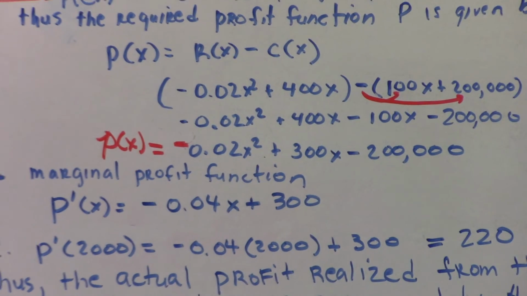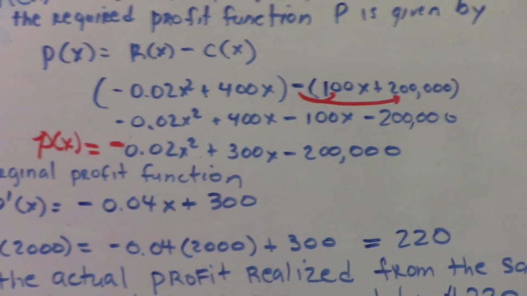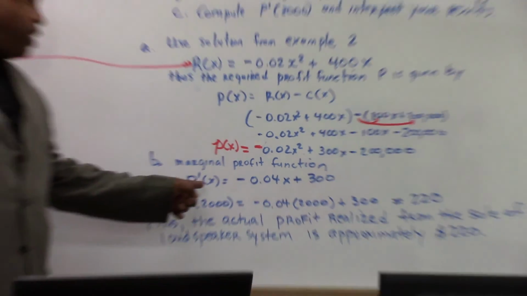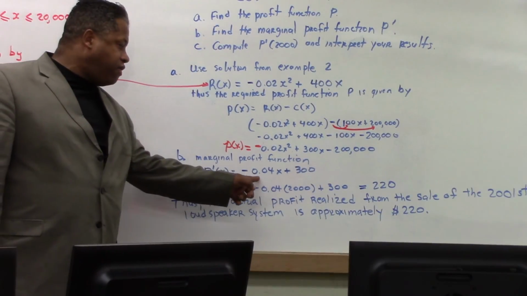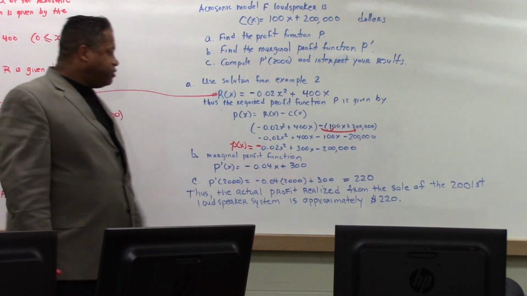There we go. So our marginal profit function, the derivative of the profit function, is P prime of x equals negative 0.04x plus 300.